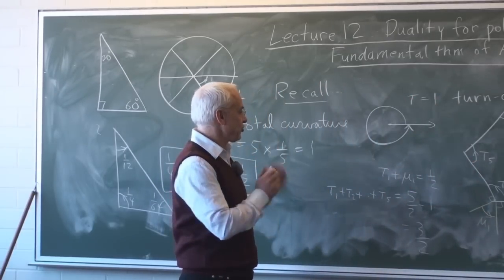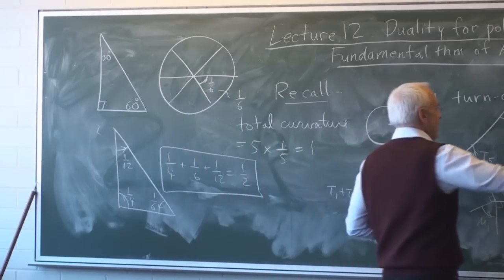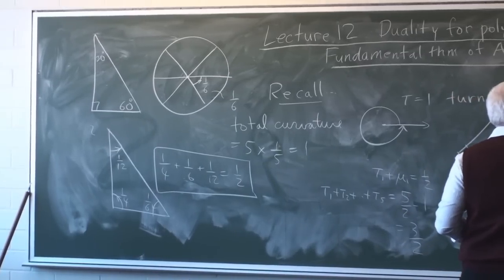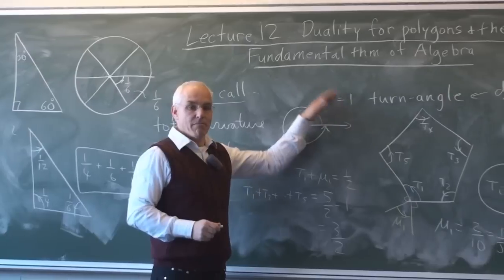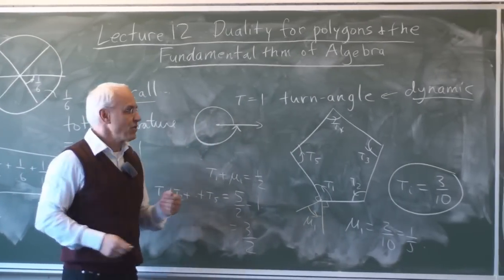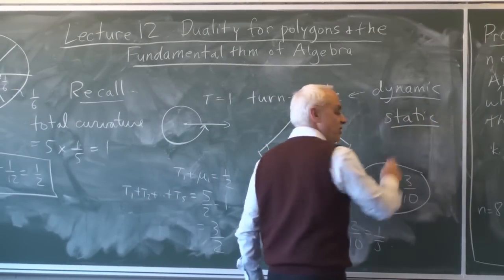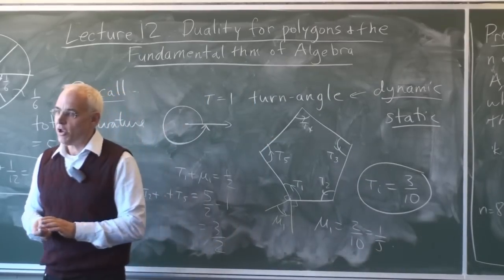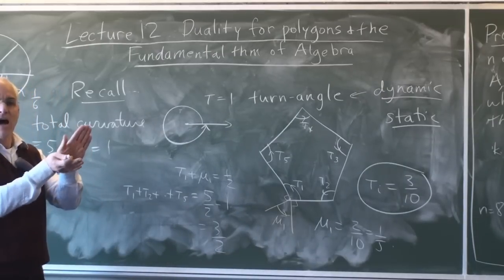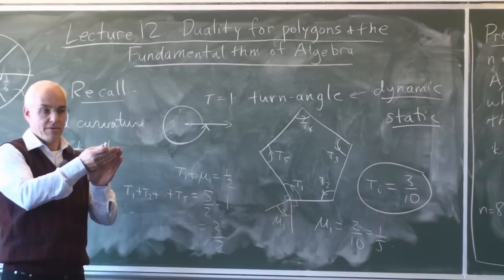They're really two natural, different usages of angles. This one here I like to think of as a dynamic turn angle because it represents the motion of something that's going around. There's also a corresponding static notion, which I'll mention, which is what you do when you're measuring simply two sides with no reference to a motion from one to the other.